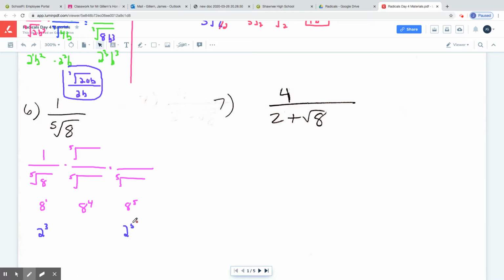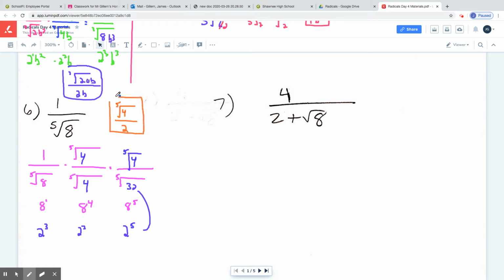I want 2 to the 5th. 2 cubed times what gives me 2 to the 5th? 2 squared, which is 4. 8 times 4 is 32, or 2 to the 5th, right? And this is just the fifth root of 4. So my final answer for this problem is the 5th root of 4 over 2.